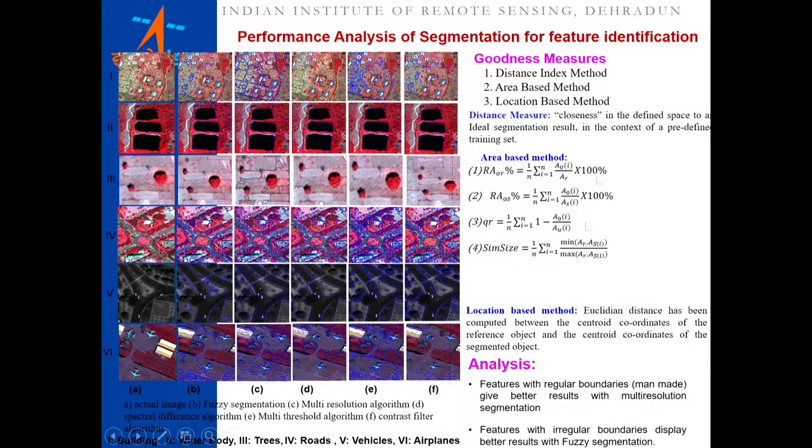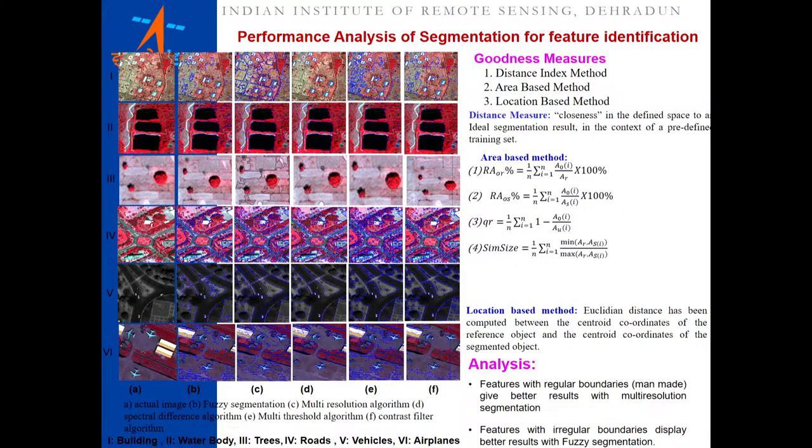And the location based method, which is a Euclidean distance based method, where the Euclidean distance has been calculated between the centroid coordinates of the reference object and the centroid coordinates of the segmented analysis.